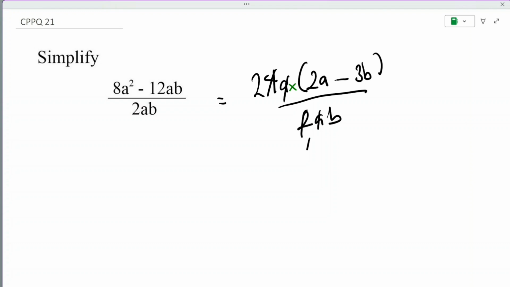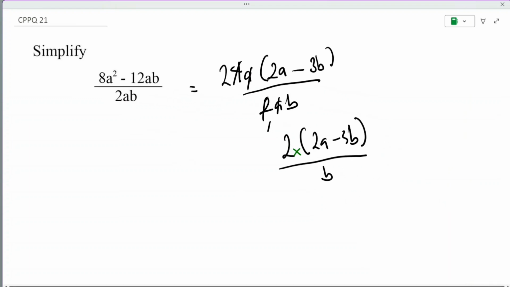A cancels a, you'll be having 2 into open bracket 2a minus 3b close bracket left at the numerator over b at the denominator. You can't just say this b cancels this b. This is not acceptable in math, or it doesn't work like that in math. And since the b cannot go in any other thing, you can then ignore the denominator at this point, then multiply this 2 by this 2a and minus 3b to get your full mark.